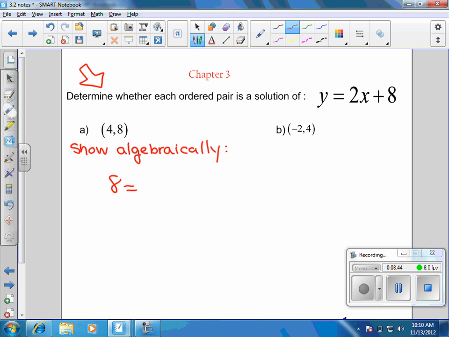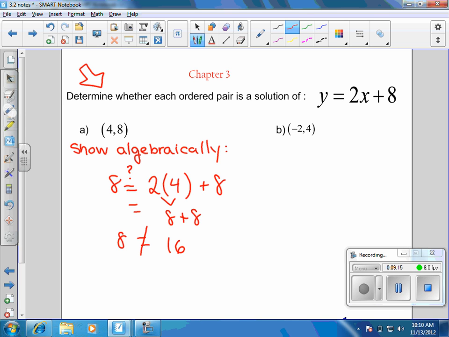And we're not sure yet, so I just put a question mark. 8 is equal to, or maybe equal to 2 times 4 plus 8. And the reason I put these up is what we showed algebraically how something is not a solution, but let's just confirm that you really understand. So that's 16, right? So yes or no, class? No, not a solution. So you show a contradiction.